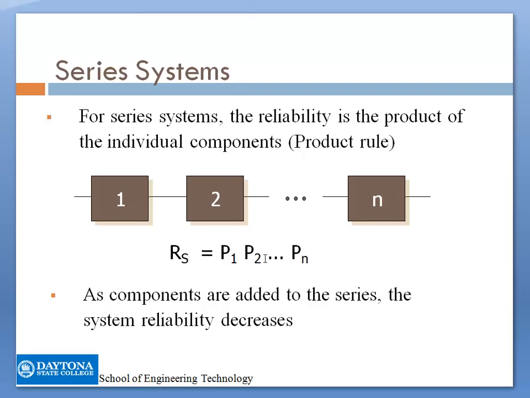Also, as components are added to the series, the system reliability will decrease because it's a product rule. So if you have to add more components, the reliability of those components must be very high to justify that the system reliability will decrease.